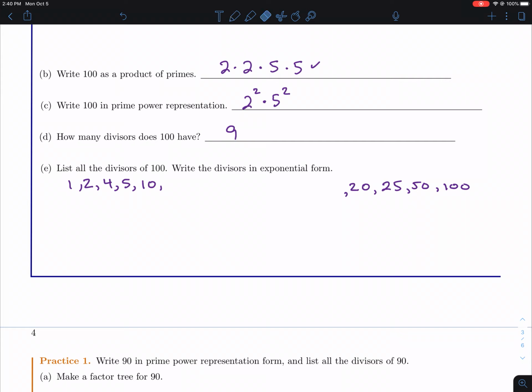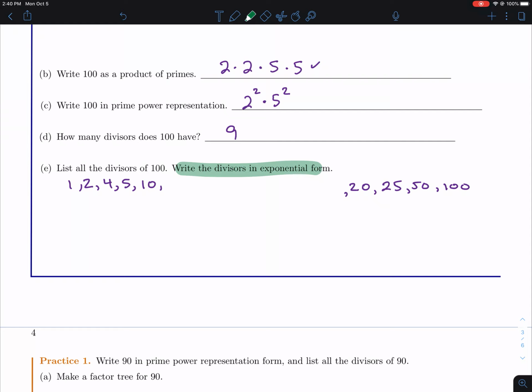In this case, it also asked us to write them in exponential form, so I do have you practice this a little bit. I'm not too worried about this because it's a little messy at times, but the nice thing is if you get used to doing the exponential form, it kind of guarantees that we didn't miss any on our list, which is the idea.